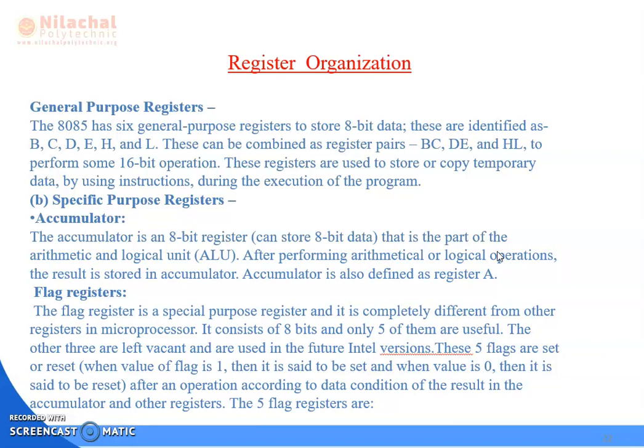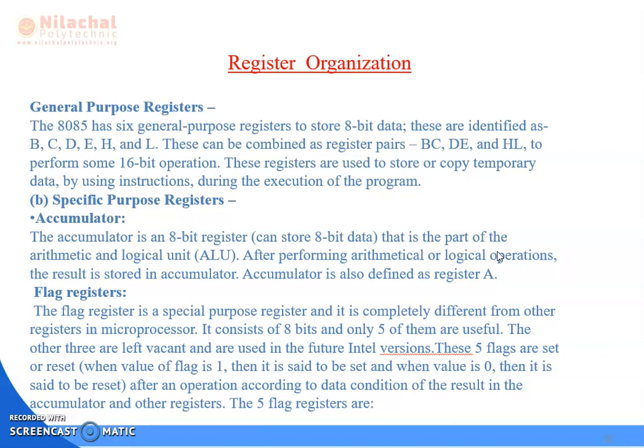These 5 flags are set or reset. When the value of a flag is 1, it is said to be set, and when the value is 0, it is said to be reset, after an operation according to the data condition of the result in the accumulator and other registers.